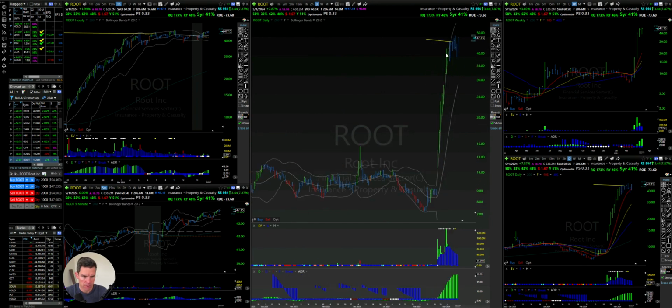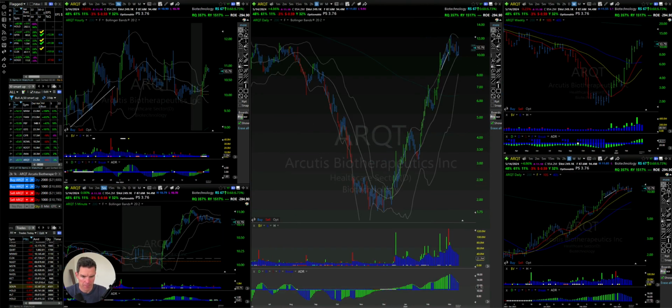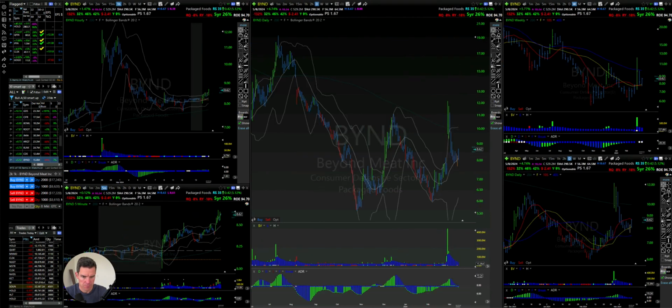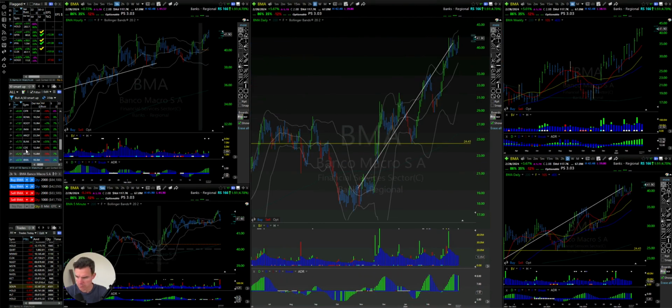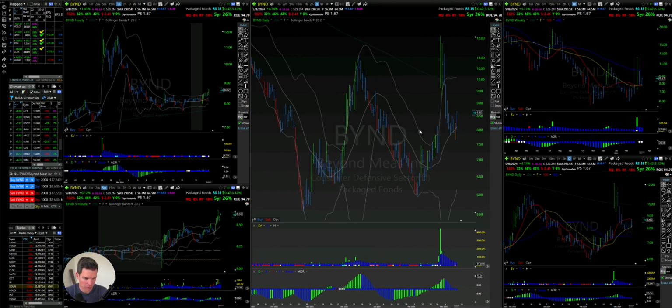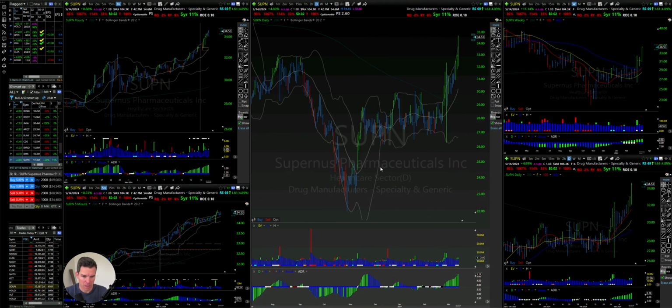If you want to be taking this, it's pretty stretched. ROOT. Beyond Meat, this is one where I could never buy it. Never buy that. I am a meat eater, sorry.